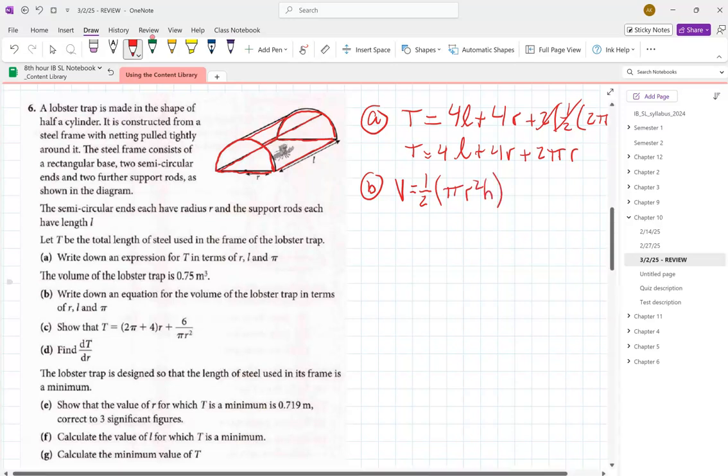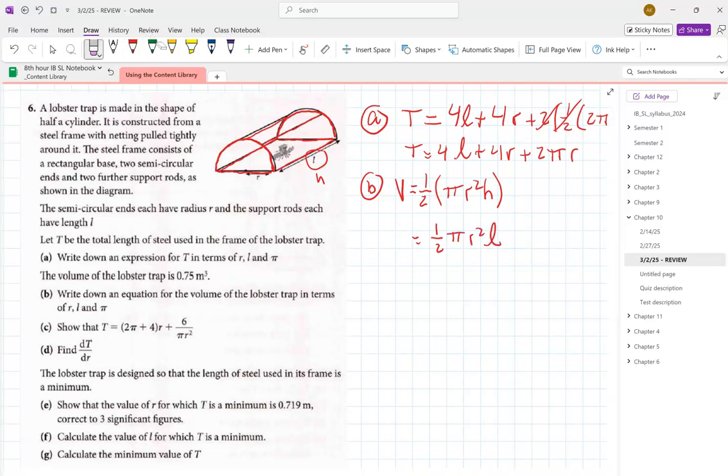The height in our situation is this measurement L. And I know the volume is 0.75. So I write it that way, if I want to.